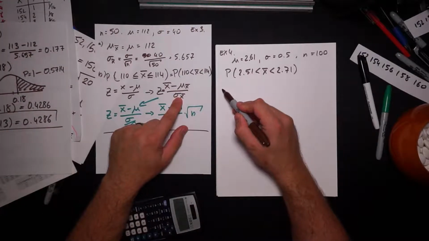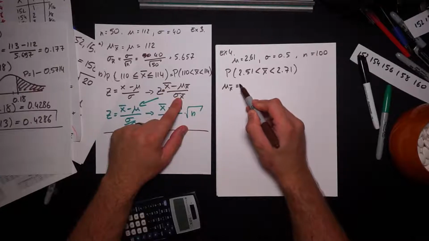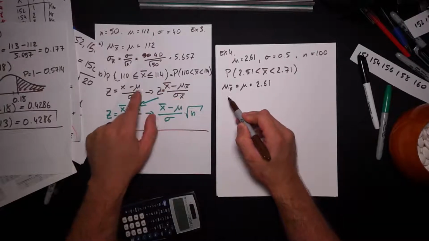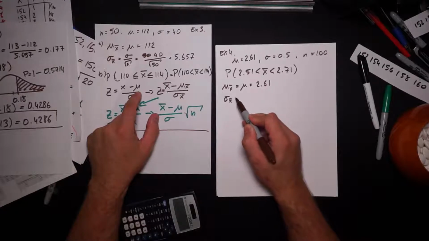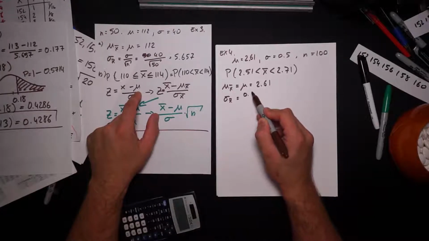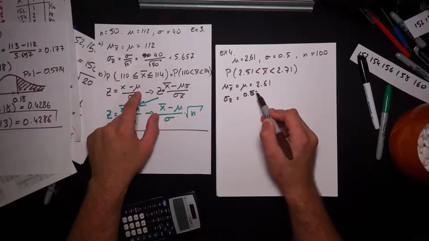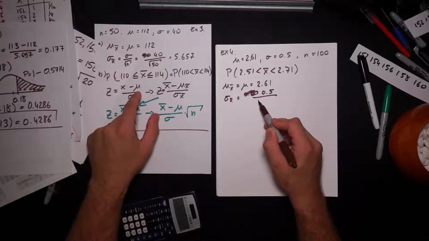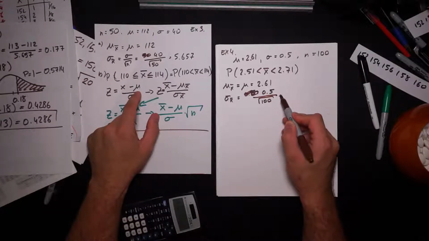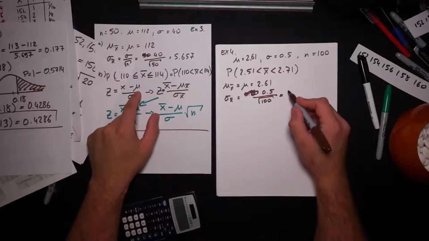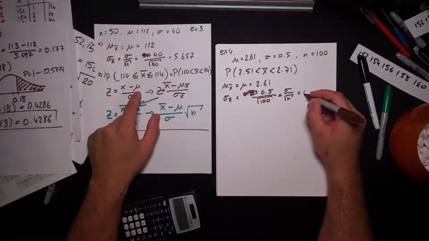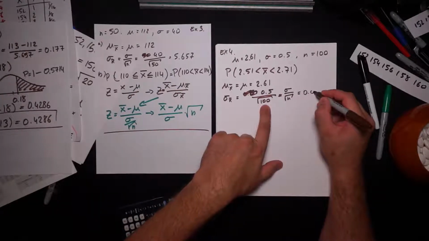You can go with the route saying, hey, this equals this, and this equals this, because this is sigma divided by square root of n, which comes out to be 0.5 divided by 10, so this is 0.05.